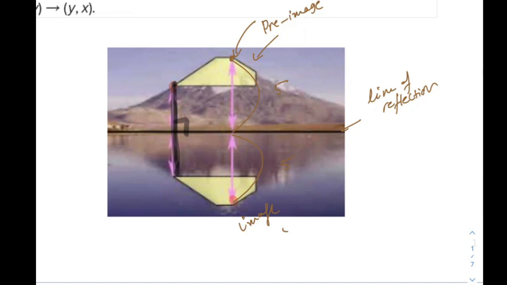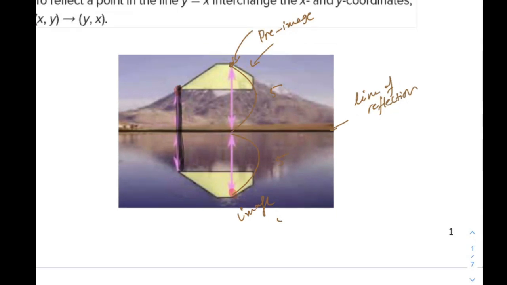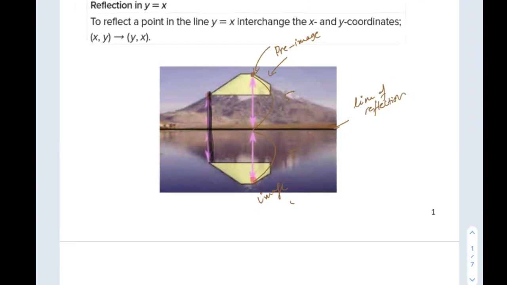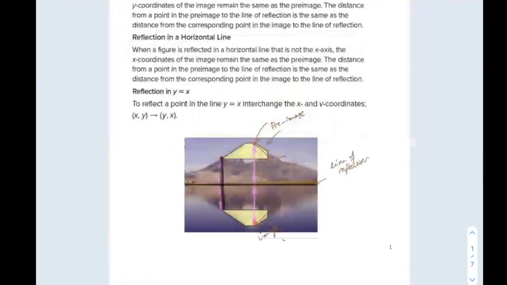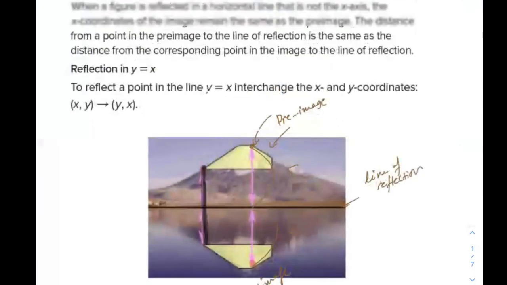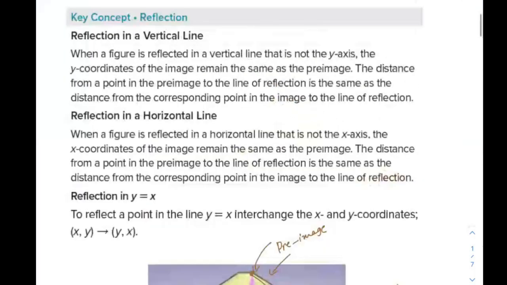So this is another thing you should be careful about, irrespective of where the line of reflection is. In our lesson today, we will study how to reflect any object in the coordinate plane, across a vertical line, a horizontal line, and also across y equals x.